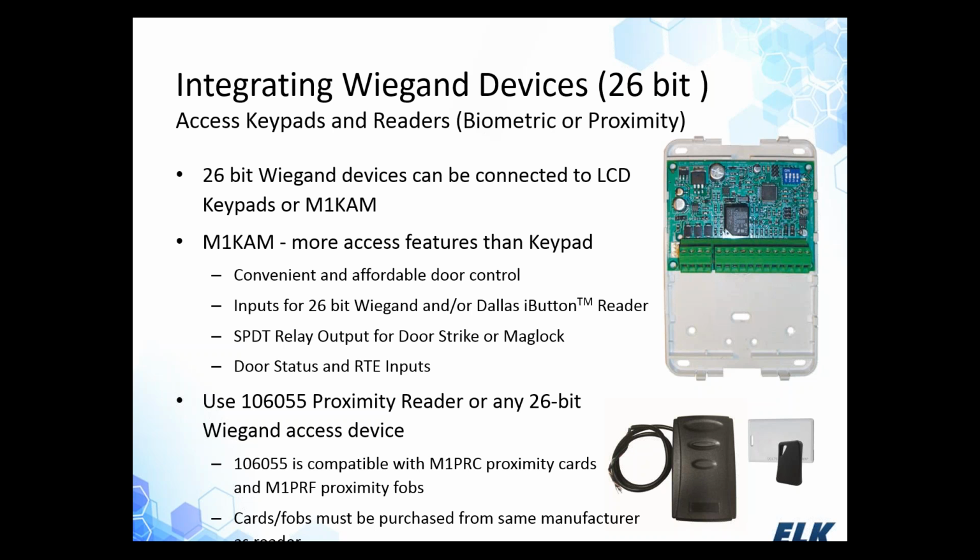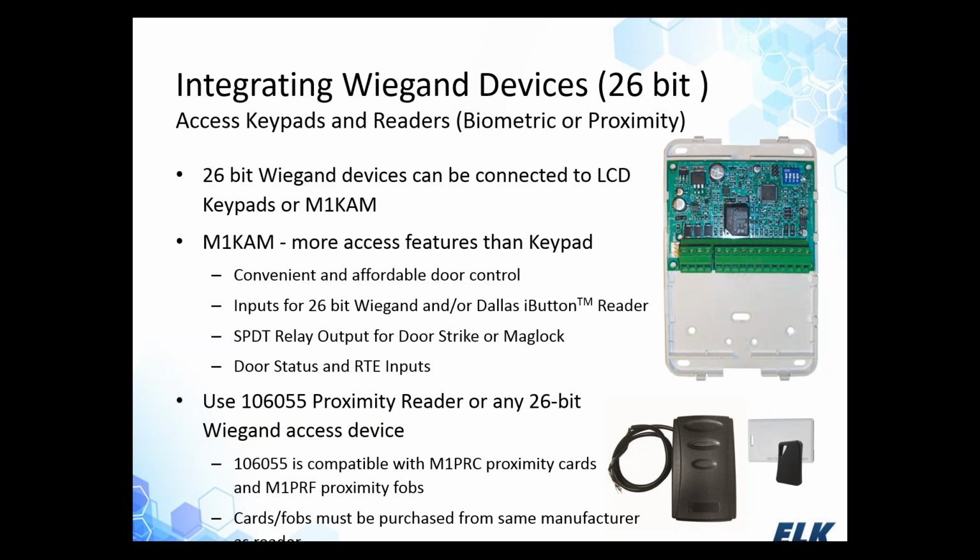Below this is our reader, the ELK 106055 prox reader. It is a 26-bit reader. We're compatible with any 26-bit Wiegand devices. Typically, you'd want to make sure that you have your cards and fobs from the same manufacturer as the reader to make sure that they're both compatible with each other.